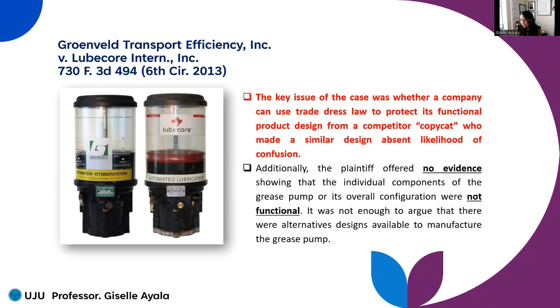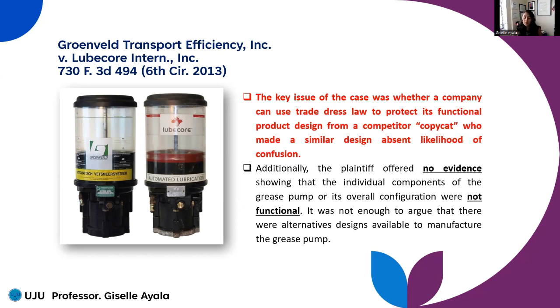There was also consideration regarding the purpose of the product. And the purpose of the product was actually to improve the operational efficiency of lubrication systems in commercial trucks. So in this case, even though there were alternative designs, the purpose of that specific design was to promote that efficiency, and others therefore were justified in using a design that was similar.